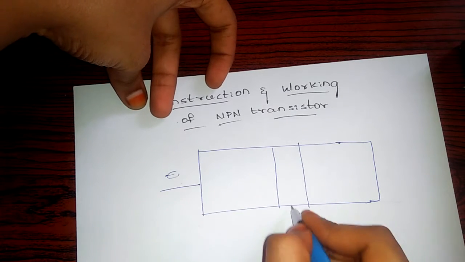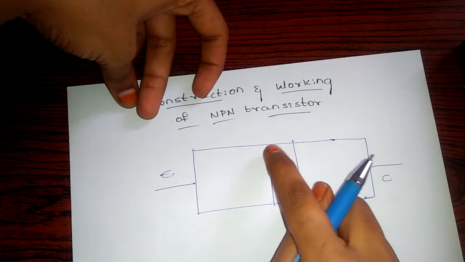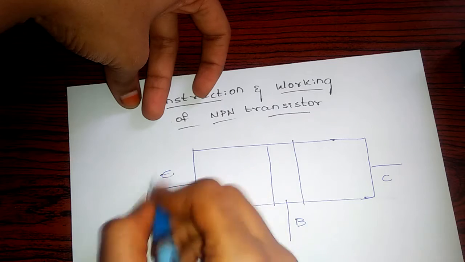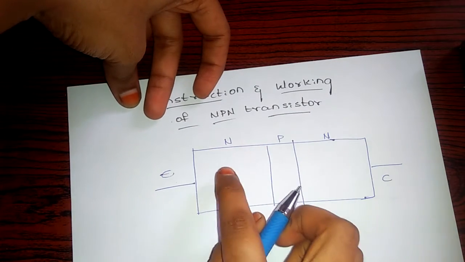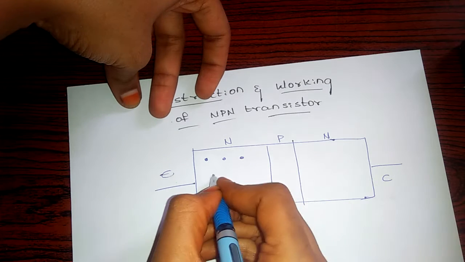Emitter, base and collector, having two junctions: the emitter junction and the collector junction. As it is N P N, what are the majority charge carriers? Electrons.